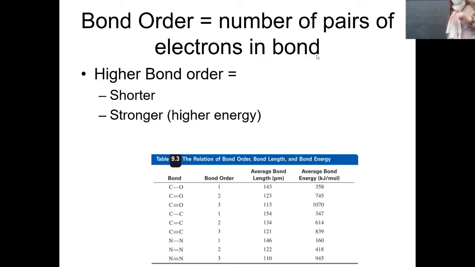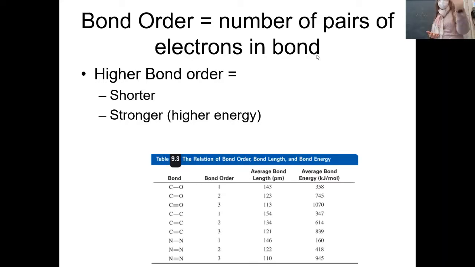Let's look at the carbon-carbon bonds. Going from the carbon-carbon single bond to the carbon-carbon double bond, if I were to double the energy, 350 doubled is about 700, right? We would expect that if we had an identical amount of energy for the second part of the bond, the total bond energy would be around 700, but it's not.